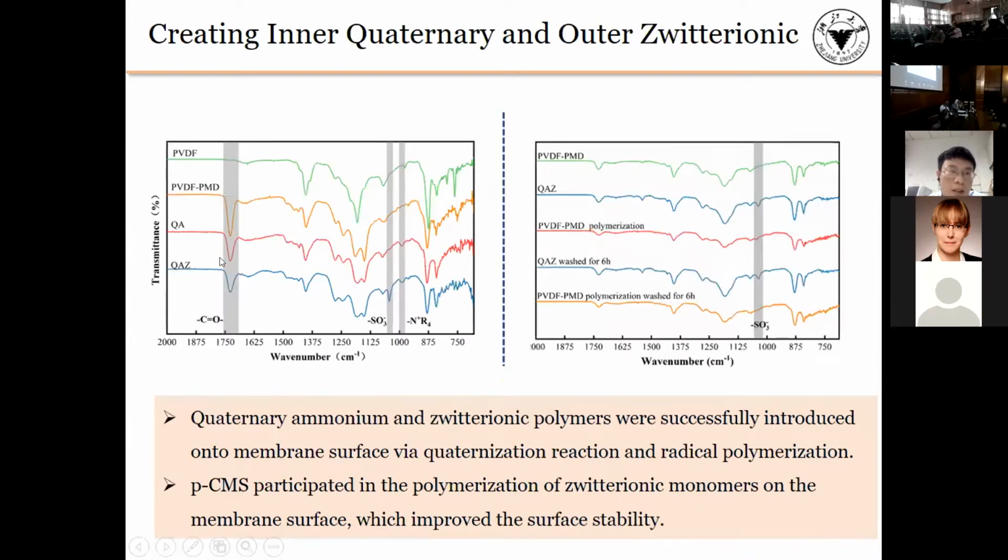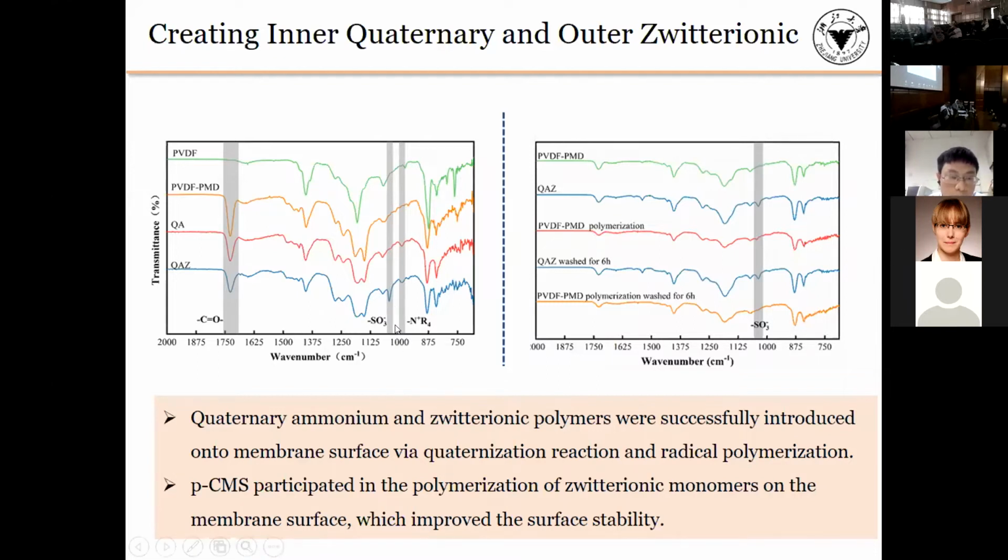Here the characterizations by FTIR show that from 989 centimeter, we can find the quaternary groups from the second step. We also can find from 1044 that we can confirm the sulfonic acid group from the third step.